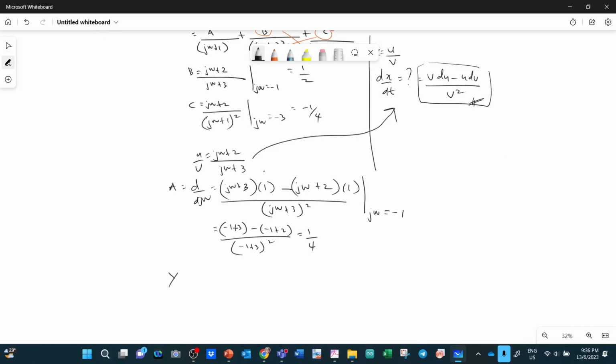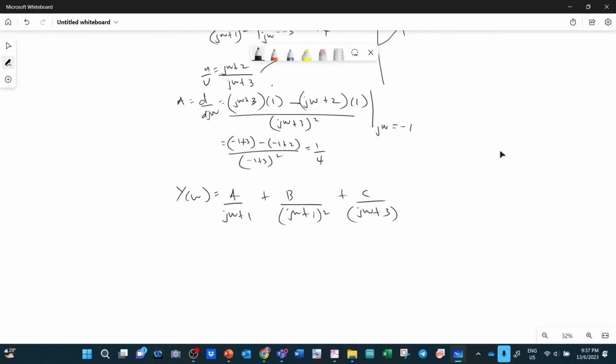So Y(jω) is equivalent to, just write it again, A over (jω+1) plus B over (jω+1) squared plus C over (jω+3).